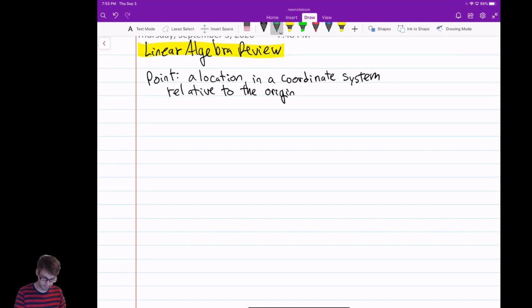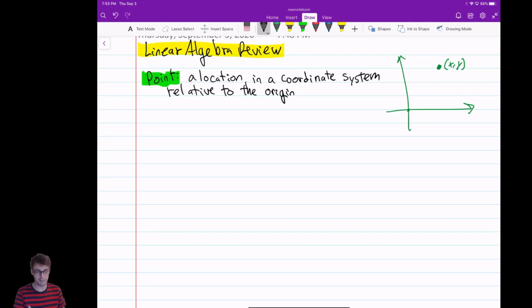No surprises here. Here's my coordinate system. Here's my origin down here. I have a point up here, and I'll call it x comma y. Easy, right? No big deal.